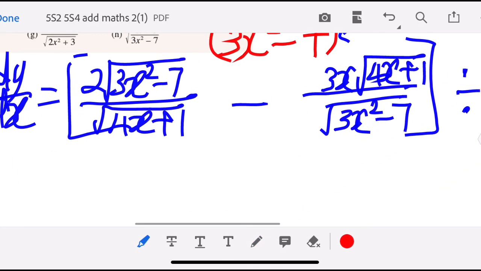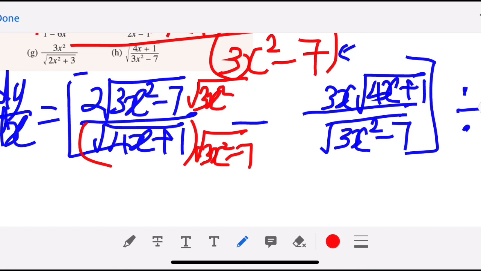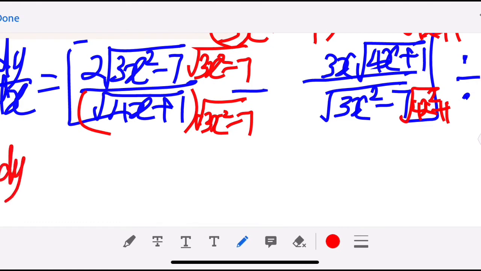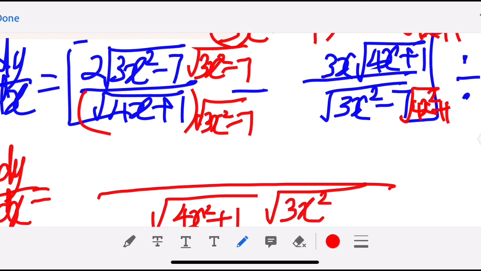Now we will make the denominator the same. So let's multiply the first term by the square root of 3x squared minus 7, and the second term by the square root of 4x plus 1. Then we have dy/dx equal to, the denominators are the same, which is the square root of 4x plus 1 times 3x squared minus 7.